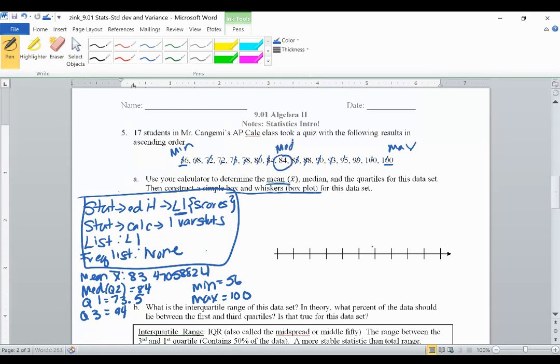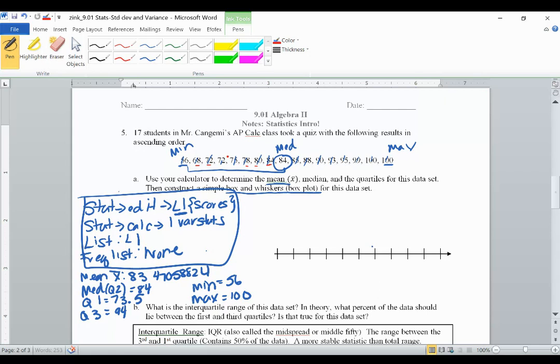So that's our median. When you find your first quartile, what you're doing is you're finding the median of the lower half. So looking at this half of the data, I'm going to use my fingers to count in or cross them off ourselves.